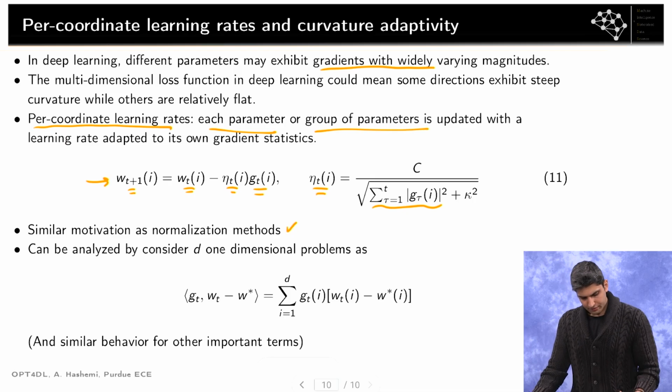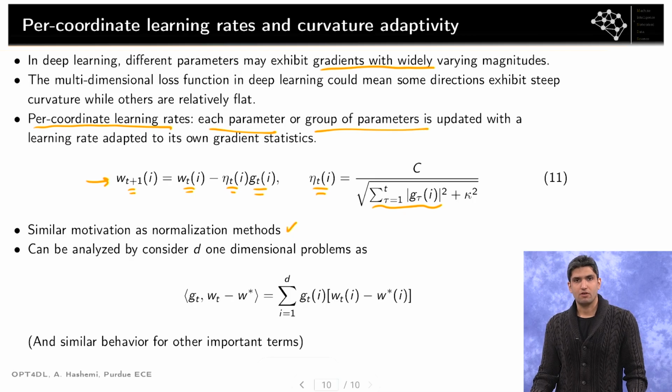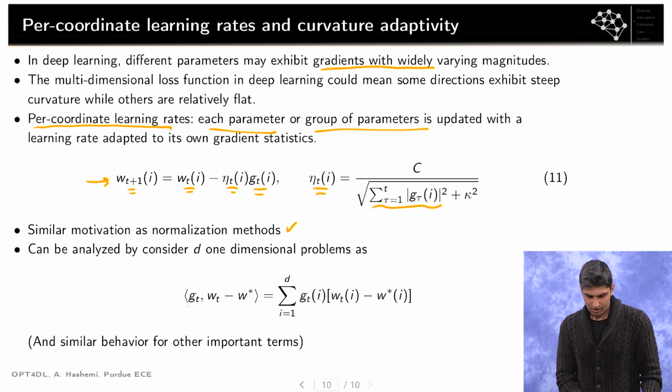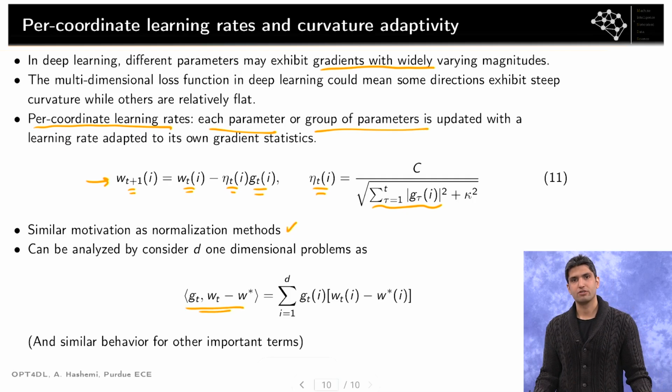Now, in terms of the analysis, it's actually, I would say, somewhat simple, and it's intuitive. So I have a d-dimensional problem. It's as if I'm solving d one-dimensional problems. So the idea is that we can leverage the properties of the Euclidean space. For instance, this was one of the terms we had to deal with when analyzing SGD for convex functions.